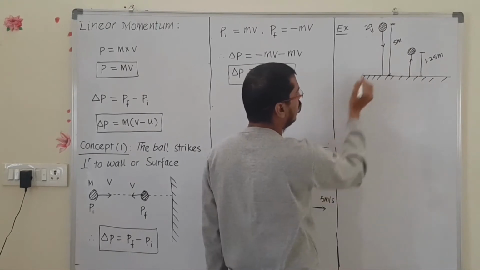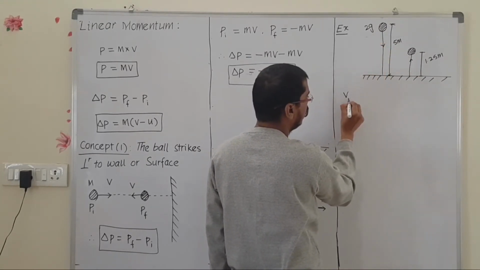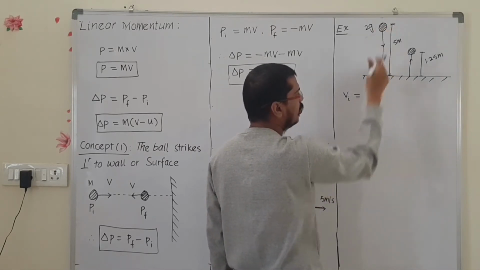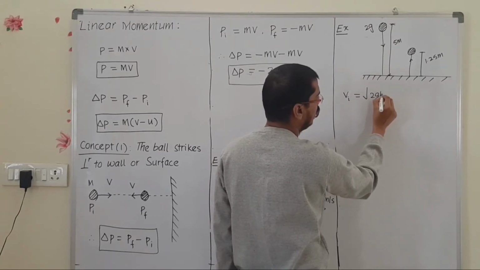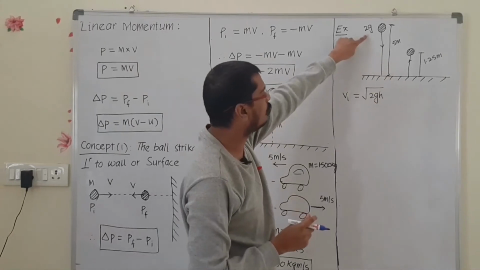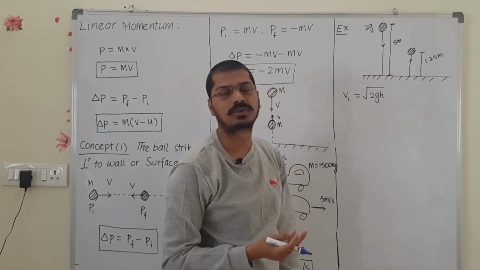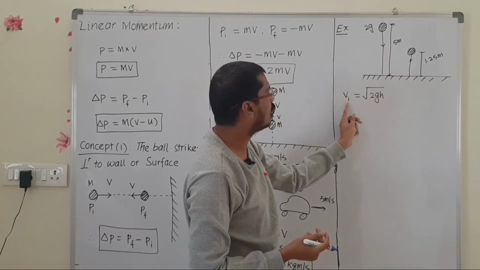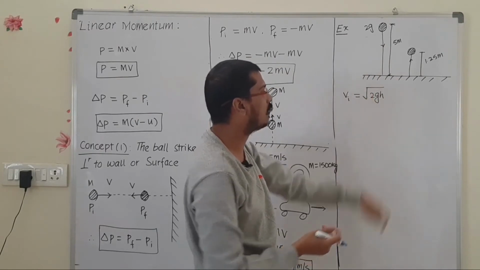In this condition, first, if I take initial velocity v equals, from the height, that's why we can write it as under root 2gh. Why? Because it is a freely falling body, the initial velocity is 0. From v square minus u square equals 2as, substituting those values, the velocity of the freely falling body is v equals under root 2gh.